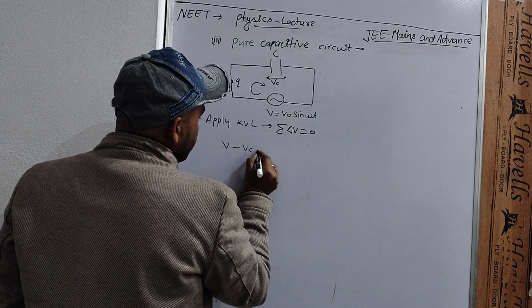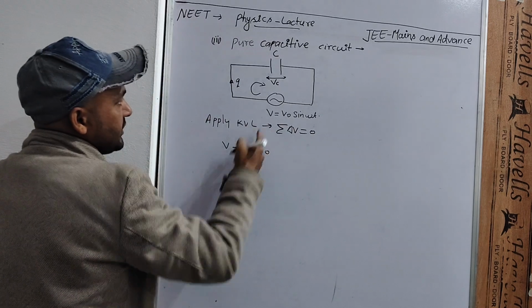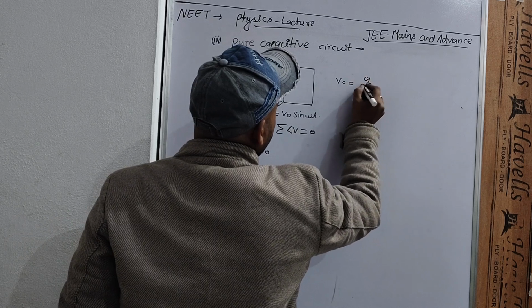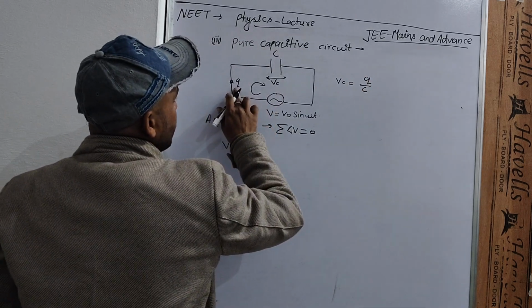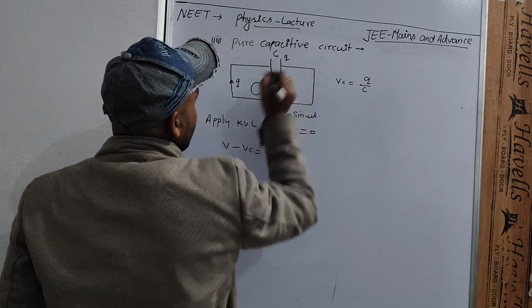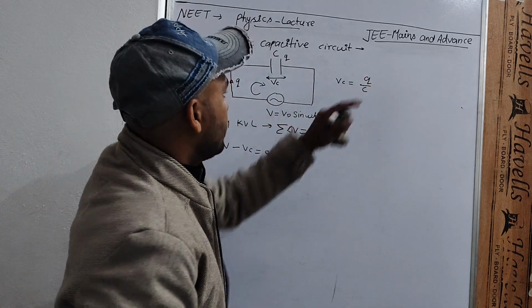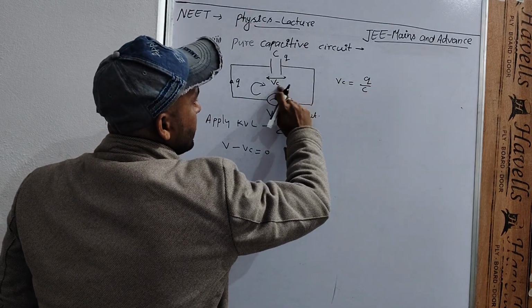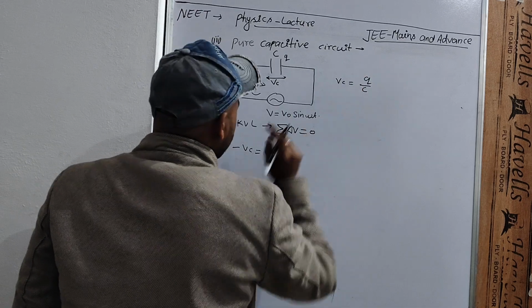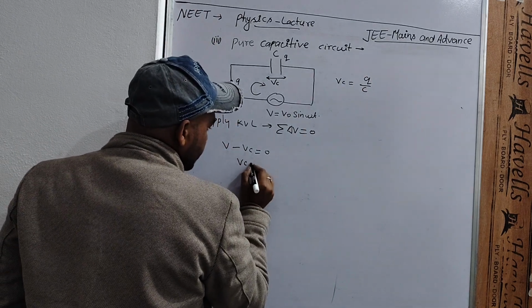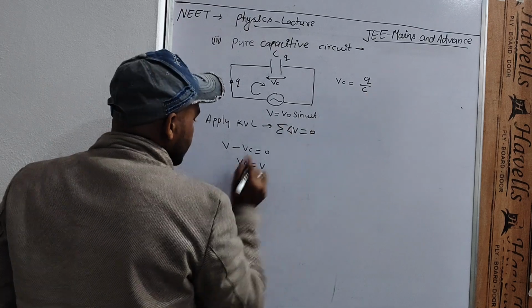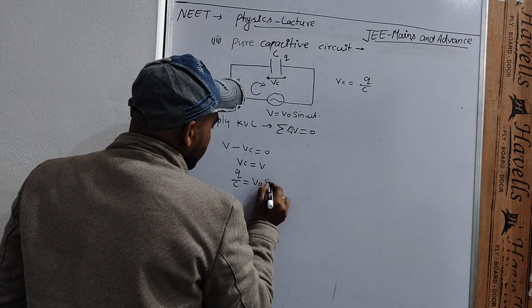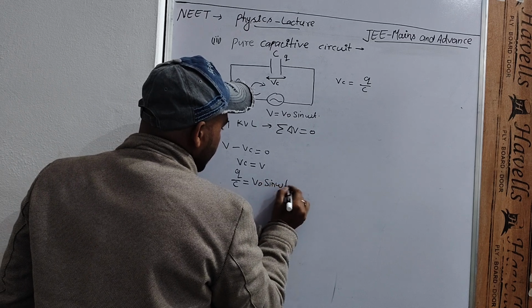V minus Vc is equal to 0, and the value of Vc, meaning voltage across capacitor, is defined as Q by C. Instantaneous charge is Q. Suppose we have charge on capacitor Q and has capacitance C, then the value of voltage across the capacitor is Q by C. Now Vc is defined as V, the value of Vc is Q by C, and the value of V is V naught sine omega t.